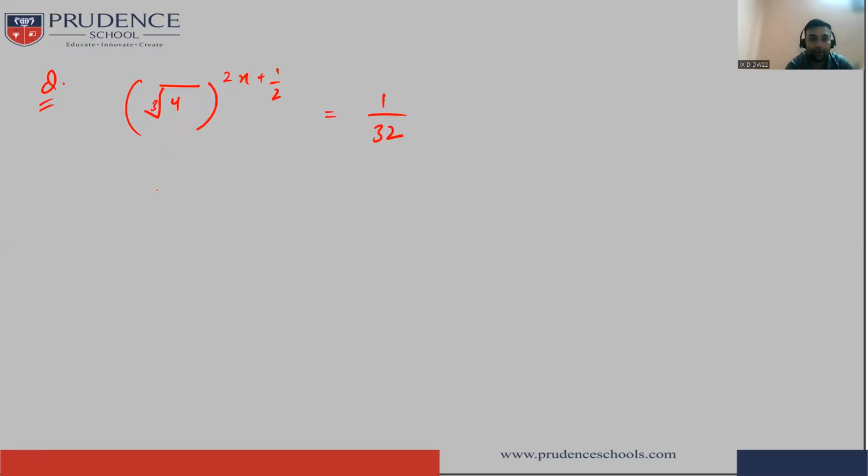Then 4 raised to power 1 by 3 whole raised to power 2x plus 1 by 2, and this can be written as equal to 1 upon 2 raised to power 5, right?